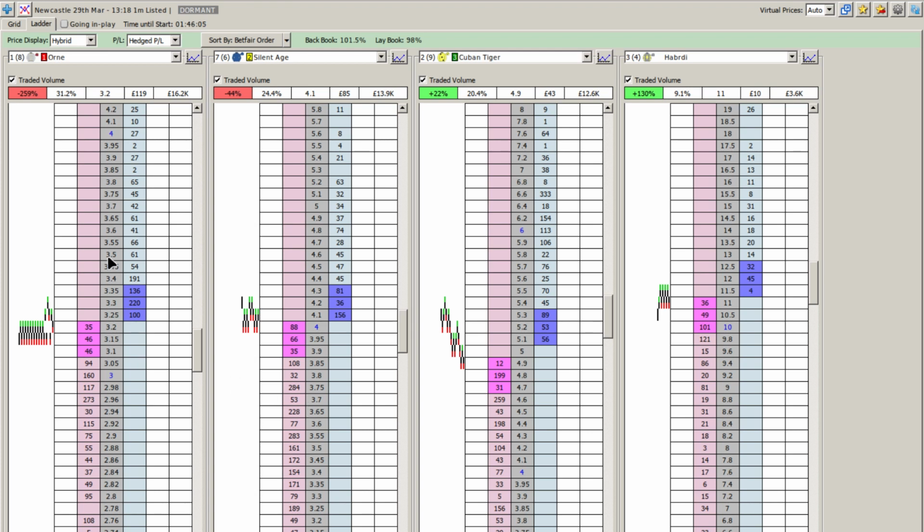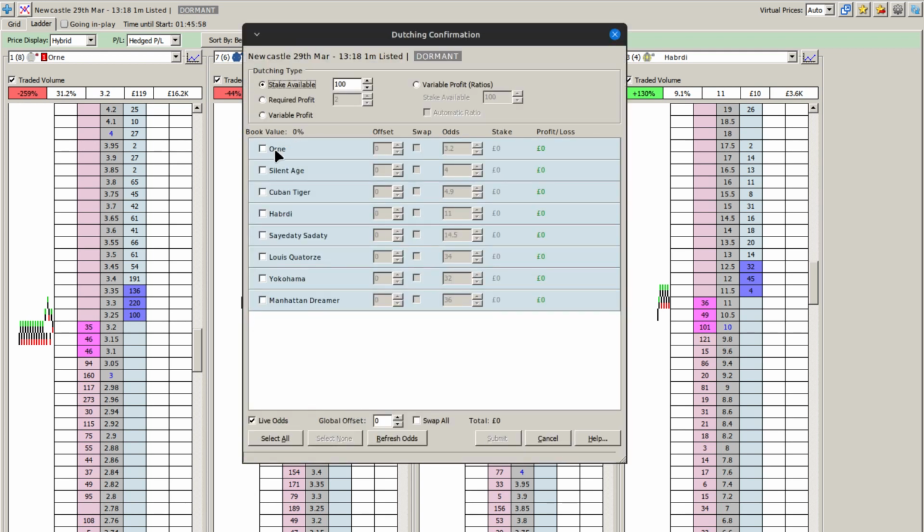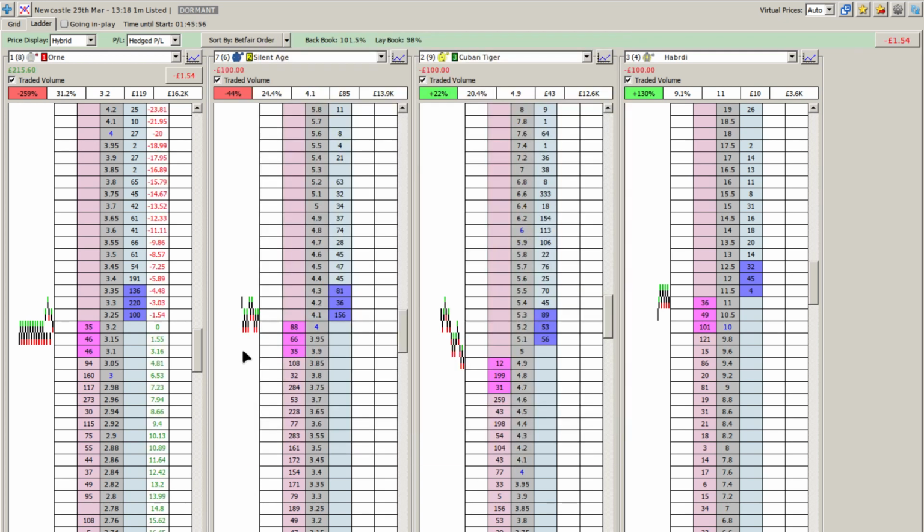Now, if you recall this first one, even just with 2 runners in the Dutch, if I pull up this one again and submit that, a 40% profit is going to be down here, which is still not as low as it needed to go when there was 2 runners involved for a 25% profit.